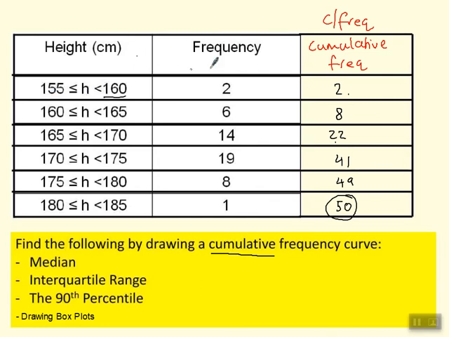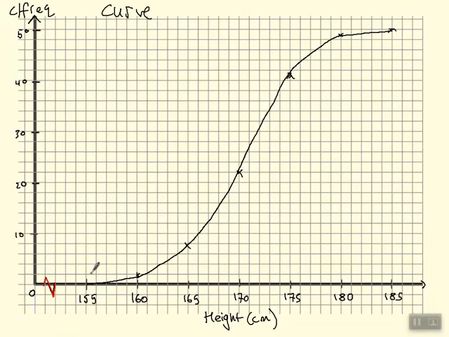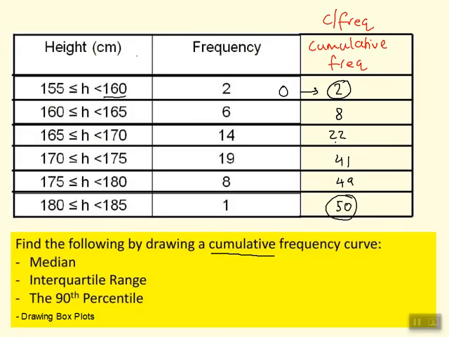So that group has 2 people in it. That means there's 0 up to 2 people. If you look at the graph, you're starting off with no one, and then you're ending up with 2 people in that group. And then the next group has 6 people in, but that's 8 people so far.